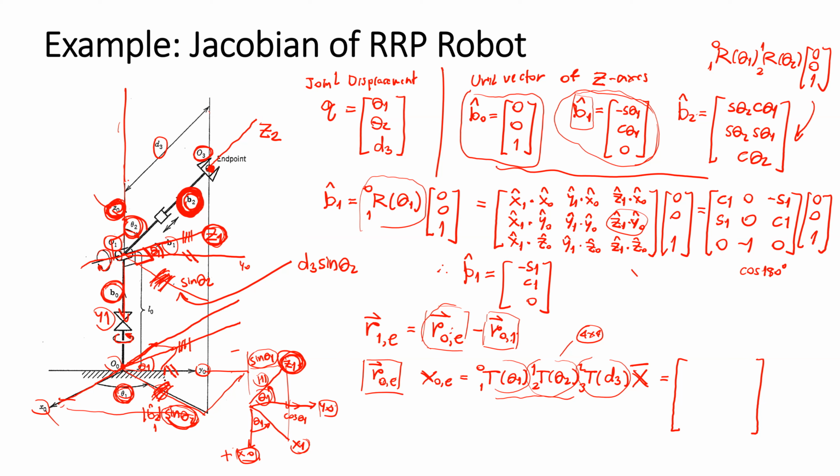If we have the cosine theta 1 component, we will have this one. So this will be the position of the endpoint in the x direction, D3 sine theta 2 cosine theta 1.